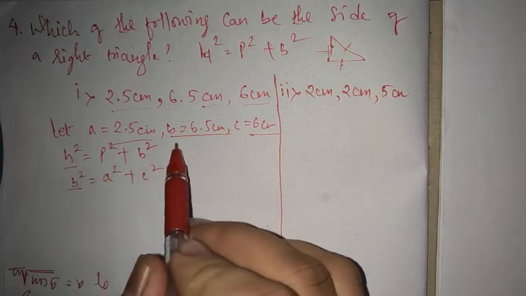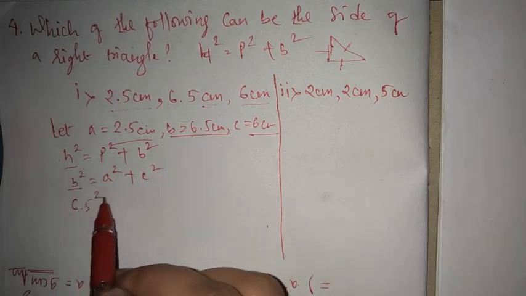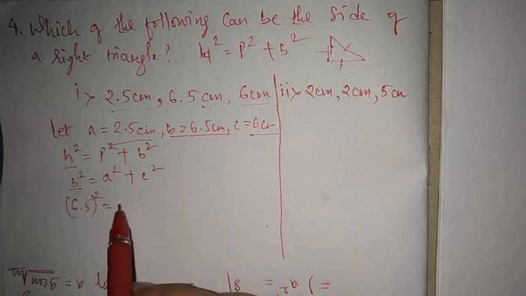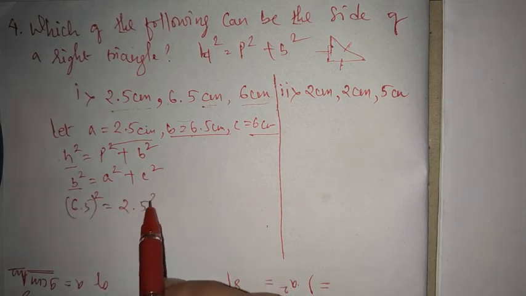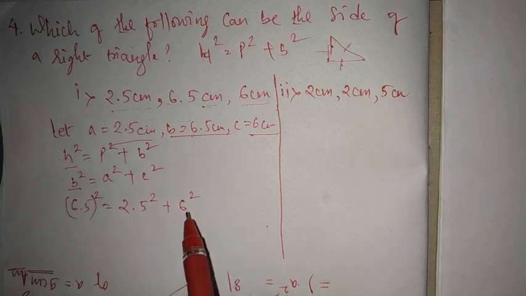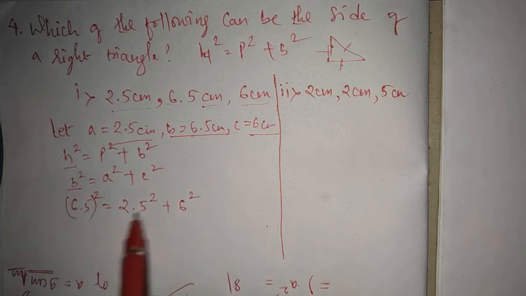So 6.5 square is equal to 2.5 square plus 6 square.